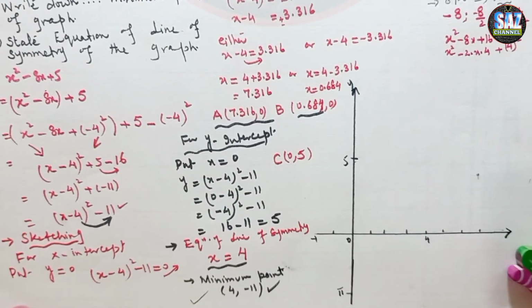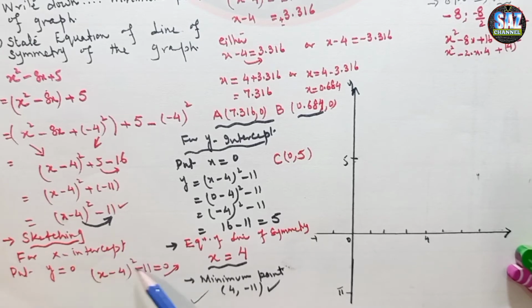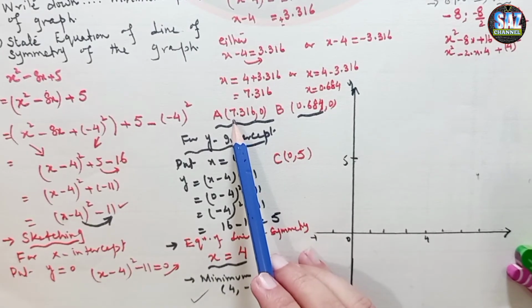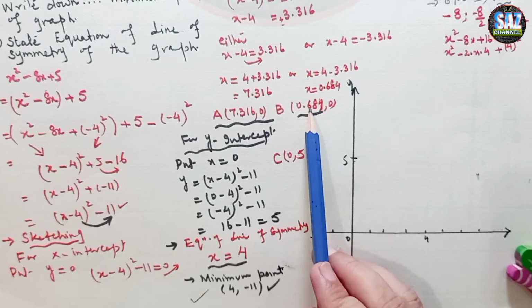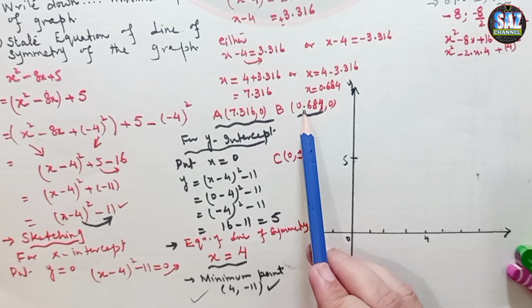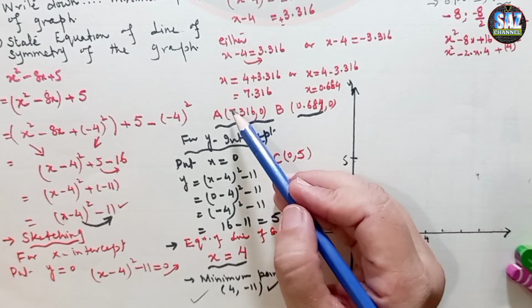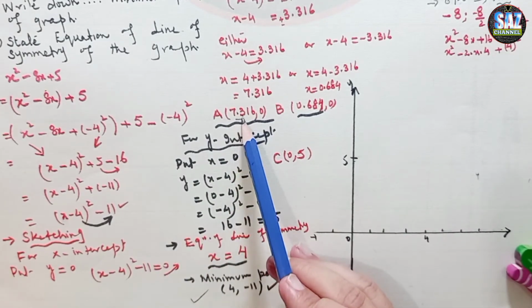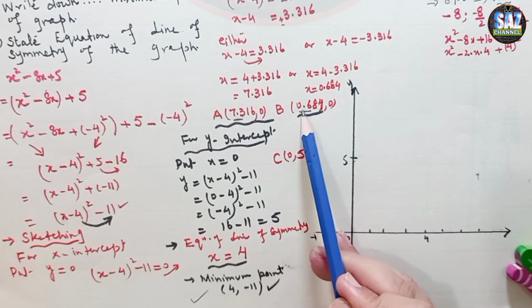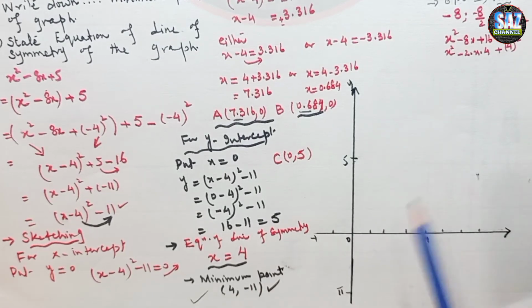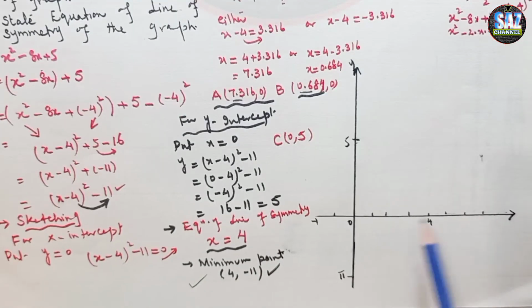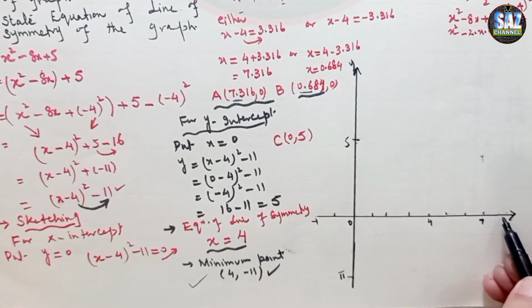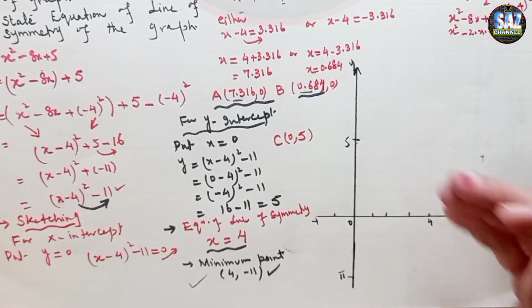We have our x-intercepts with us, and the x-intercepts are 7.3 and 0.68. For approximation purposes, I will be taking these points around 7.3 and 0.7. I need 7 points on the x-axis, 1, 2, 3, 4, 5, 6 and 7, and a little more than 7, so this is approximately 8.